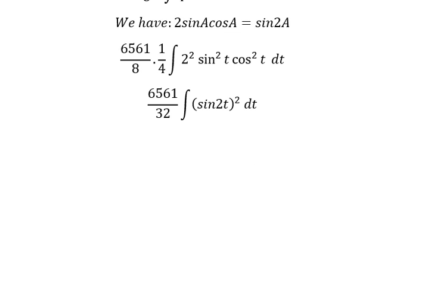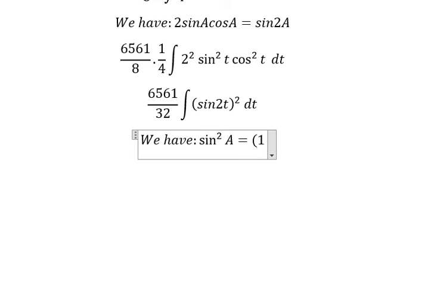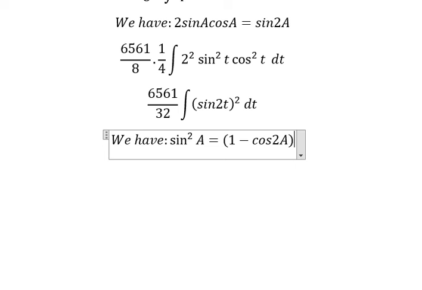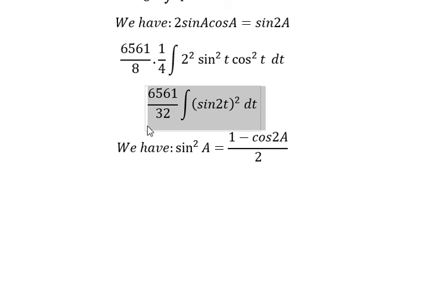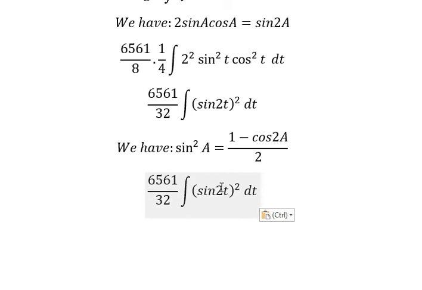Now we have the second formula. Sine a squared equals 1 minus cosine 2a over 2. So capital A represents 2t.